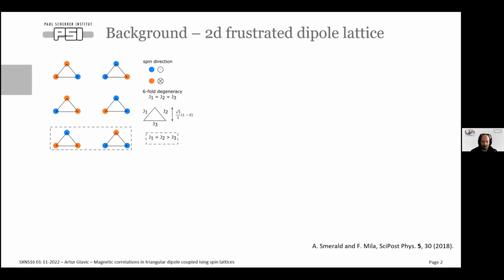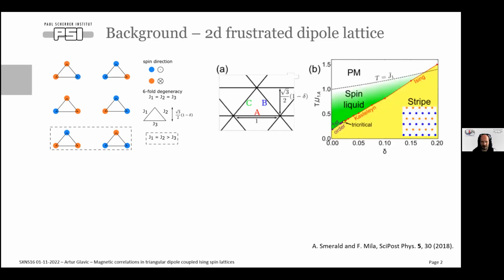And in bulk, you normally have this as an exchange interaction that comes in. But if you have dipole systems, it gets a bit more interesting as you get into long-range correlations, long-range interactions that somehow modify this simple frustration picture.